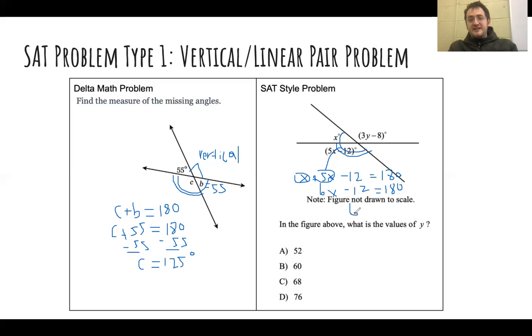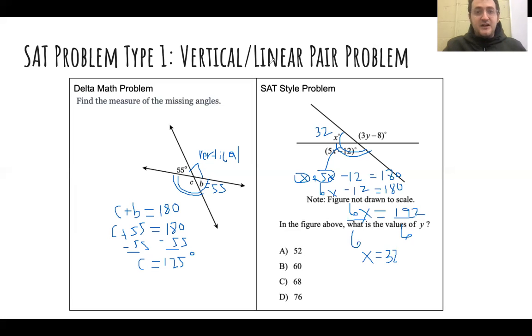So we're going to get that 6X is equal to 192. And when we divide that, I'm going to get X is equal to 192 divided by 6. Let me just go to that calculator. So that's 32.